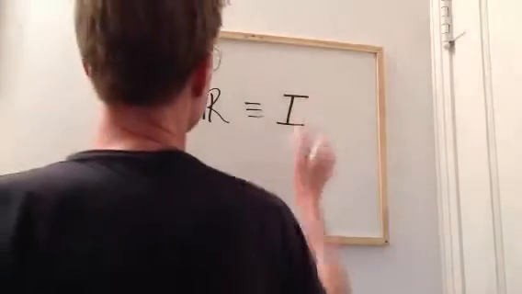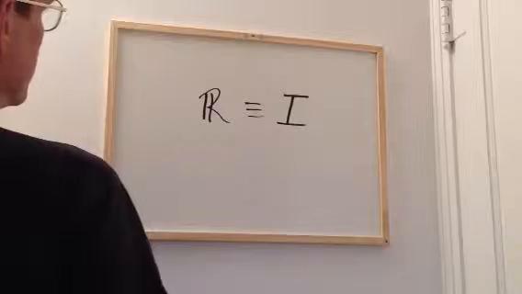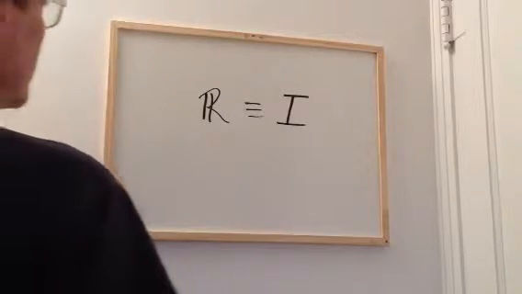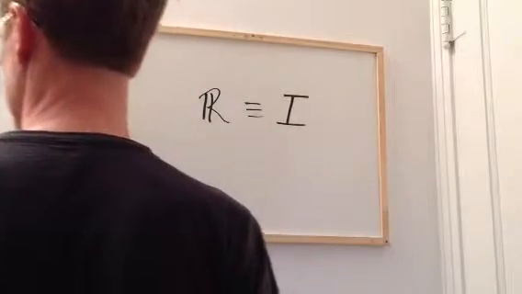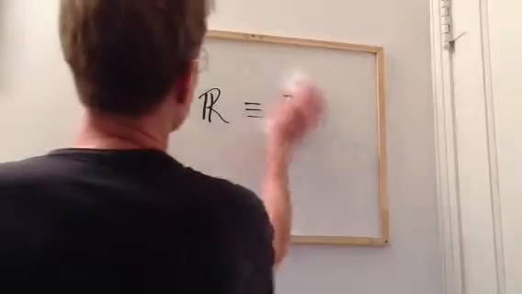I guess we can write it like that. For every real number, there is one and only one imaginary number. And for every imaginary number, there is one and only one real number.